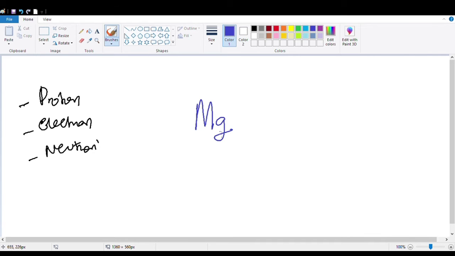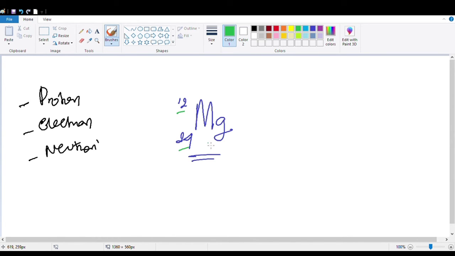Magnesium is Mg. If you look at the periodic table, Mg has two numbers. The top one is 12, and the bottom one is 24. So this is the symbol and the numbers in the periodic table. What does 12 mean and what does 24 mean?